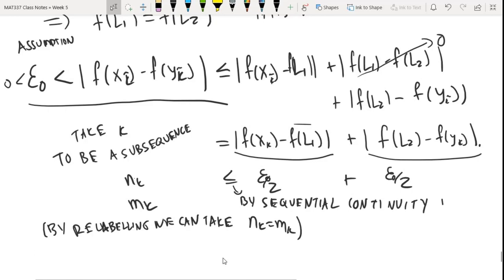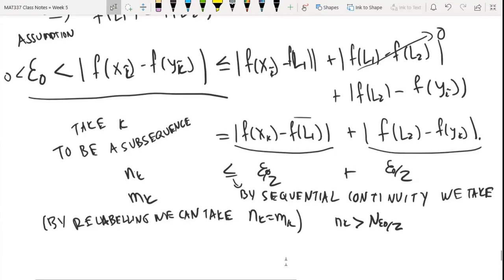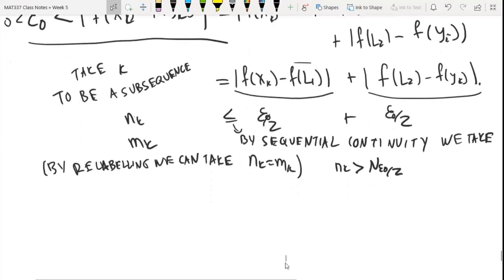By sequential continuity, we take nk to be bigger than N epsilon naught over 2 for one guy, and then mk bigger than N epsilon naught over 2 for the second guy, and then we just take their max.